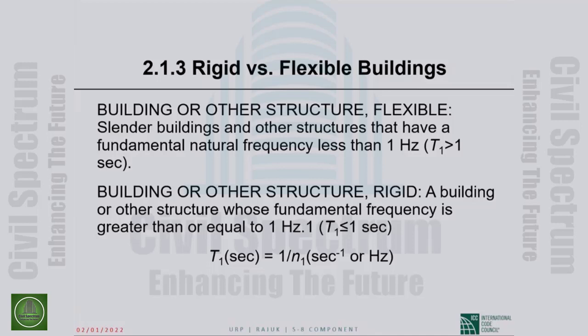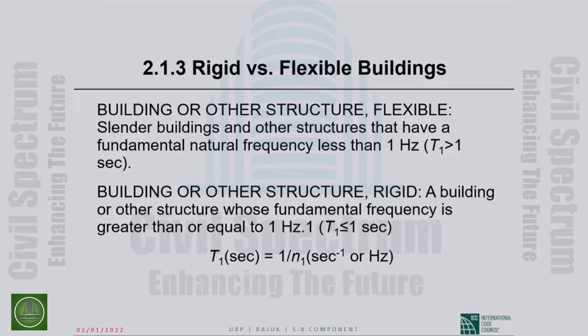Now, when the period of a structure is less than or equal to 1 second, it is a rigid building or structure. Okay, less than or equal to 1 second is rigid. When the period is more than 1 second, it is a flexible structure. Now there are details involved, unfortunately.